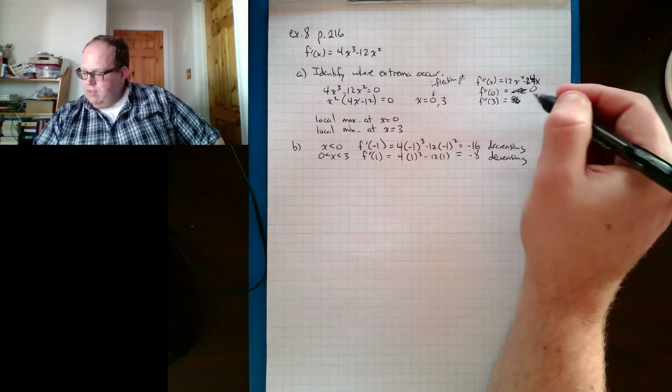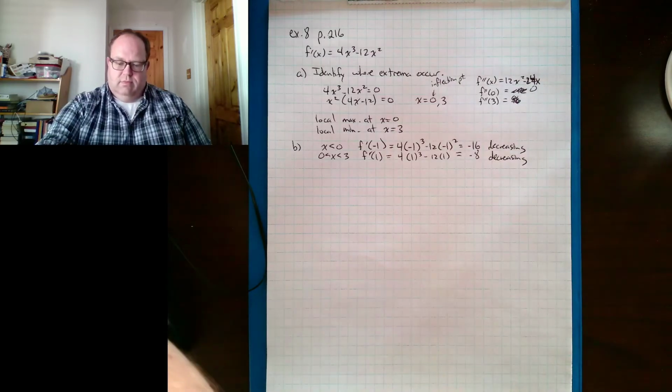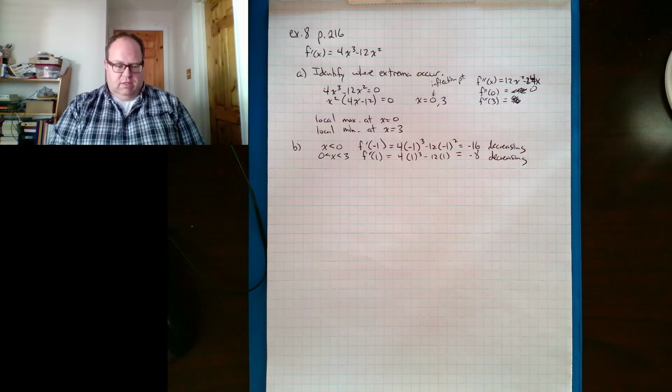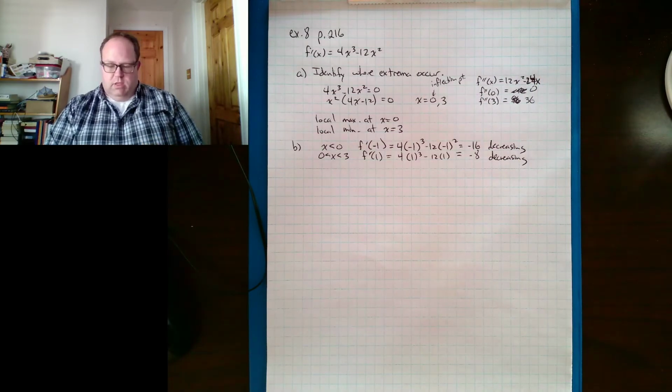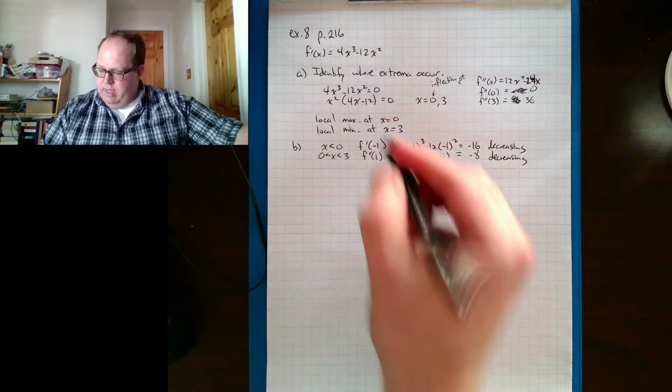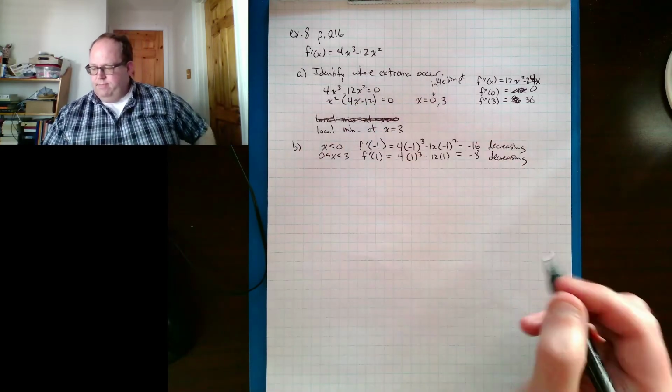And at 3, I still get 9 times 12 minus 72, which is 36. So it's still a minimum at x equals 3, but there is no maximum at x equals 0.